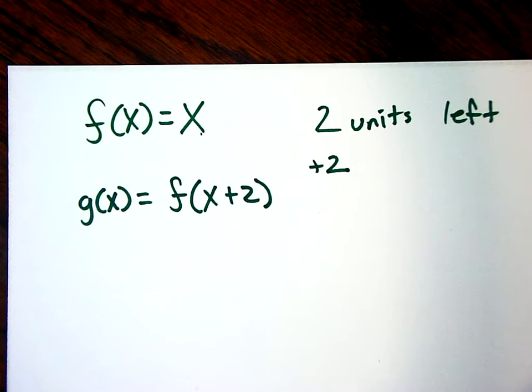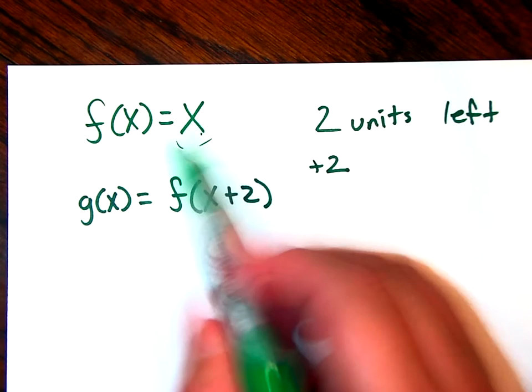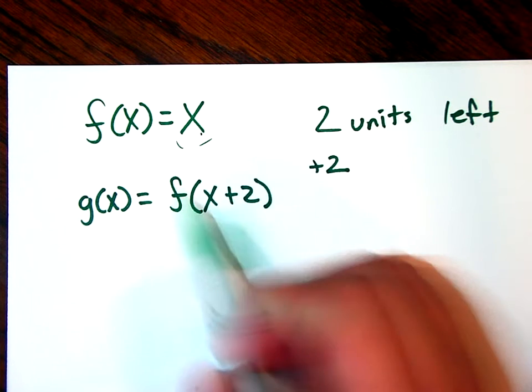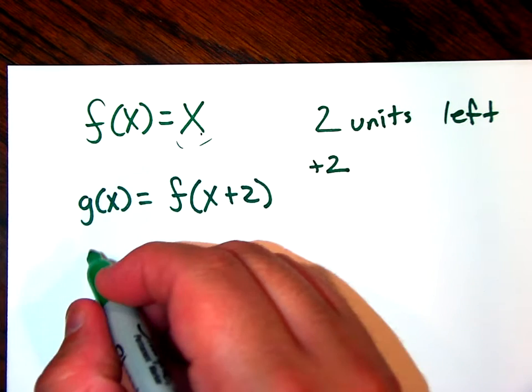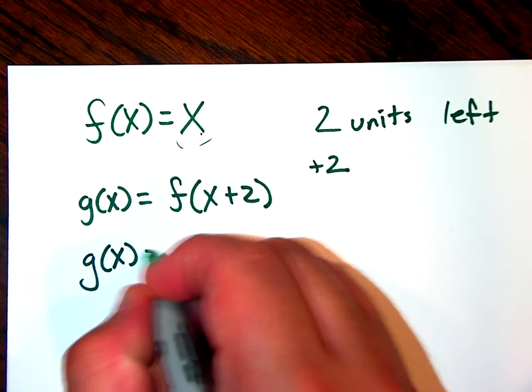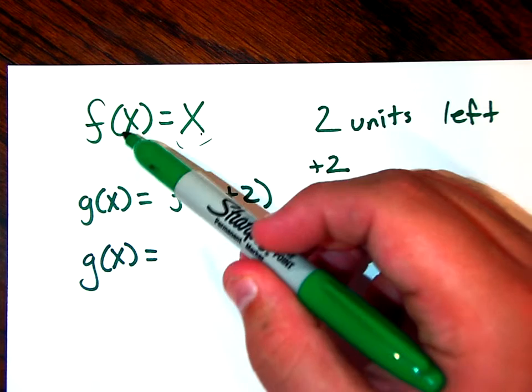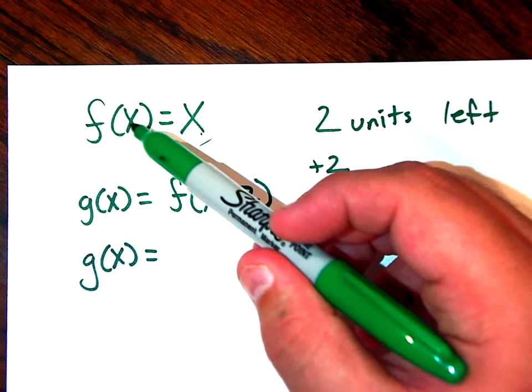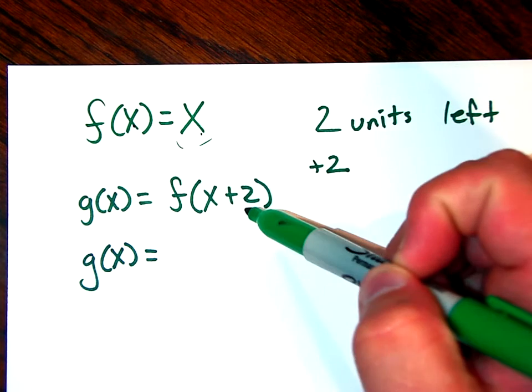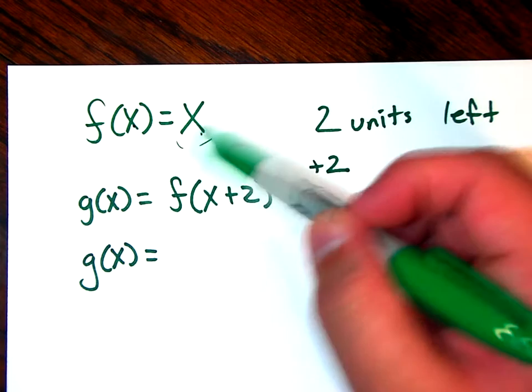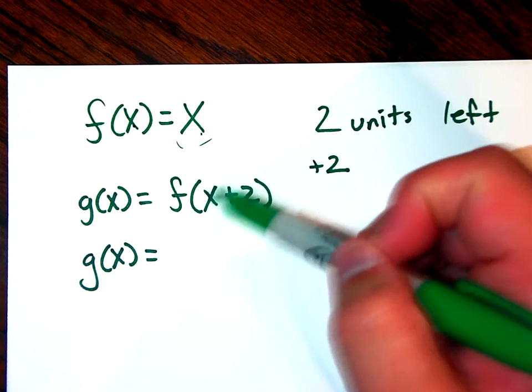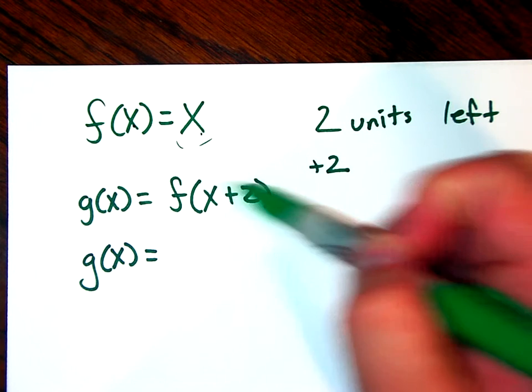Now we're going to substitute in the function that f of x is for this notation. So g of x equals, and if x here turned to x plus 2, then on this side of the equation where x is, we have to change it to what's inside the function notation.